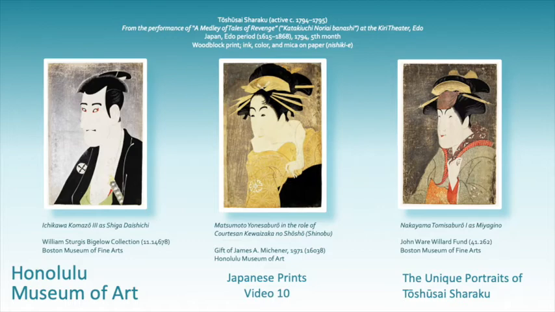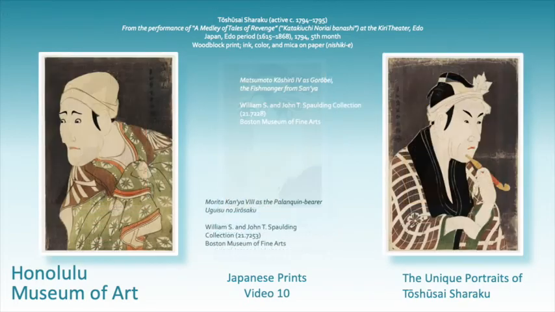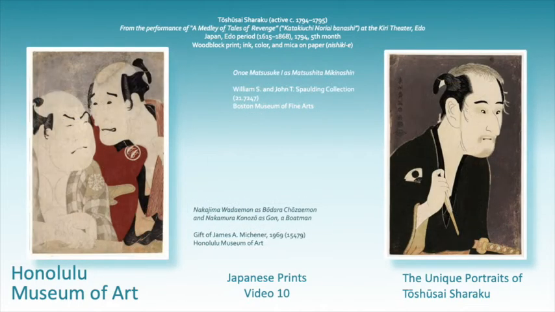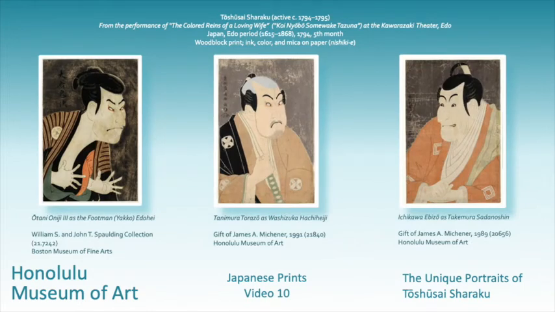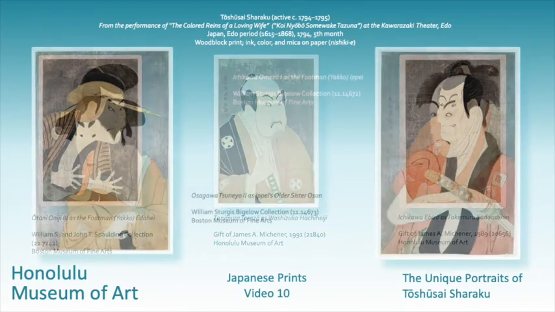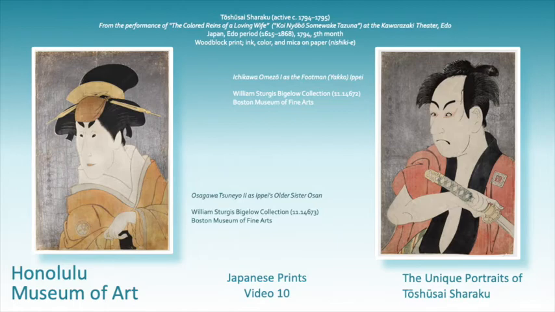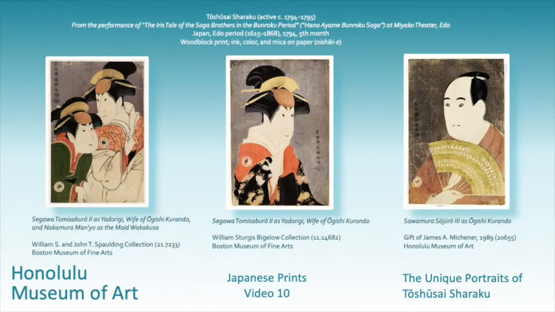A medley of tales of revenge at the Kiri Theater, The Colored Reins of a Loving Wife at the Kawarazaki Theater, and The Iris Tale of the Soga Brothers at the Miyako Theater.